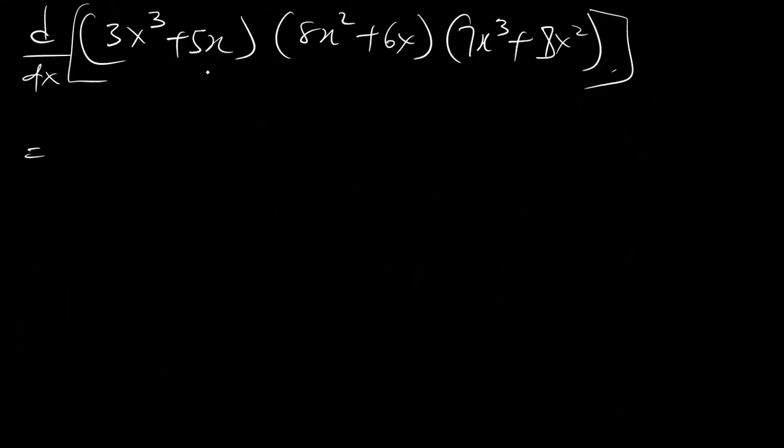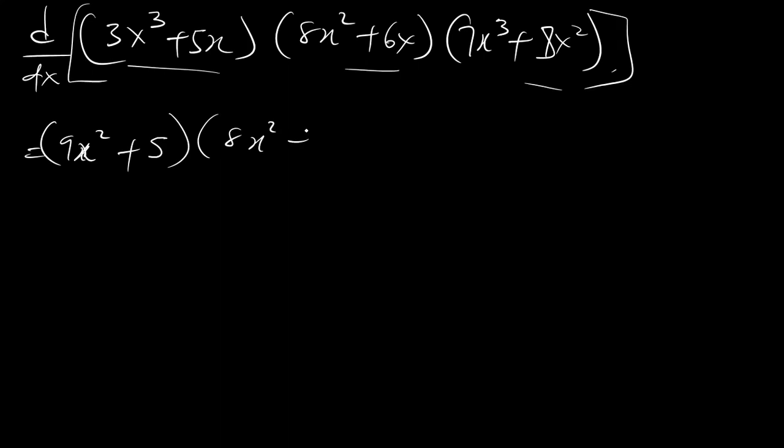For you to do this one, I will do the derivative of this, leaving these two first. That is the derivative of this first. You have 3 times 3, that is 9x squared plus 5. The derivative of 5x is 5. Now leaving this, which is 8x squared plus 6x times 7x cubed plus 8x squared.